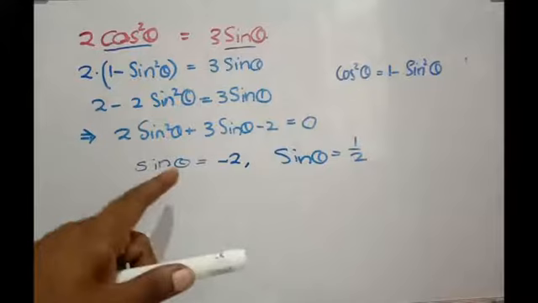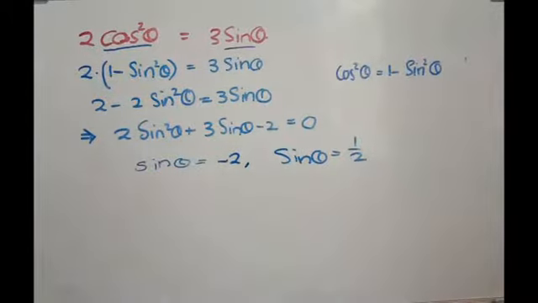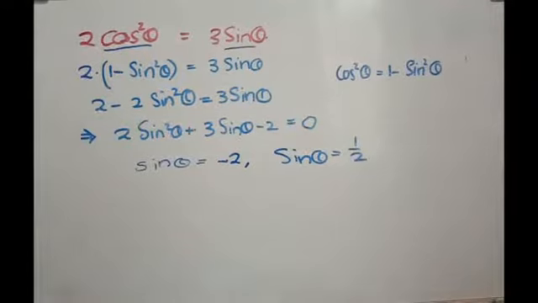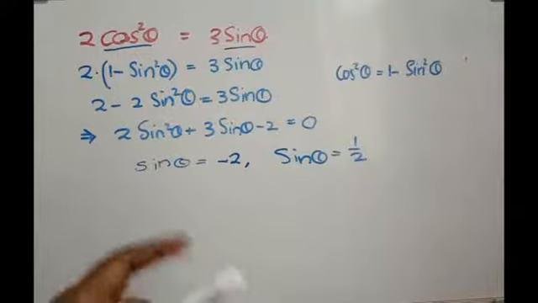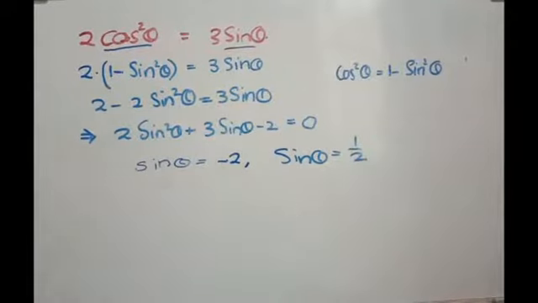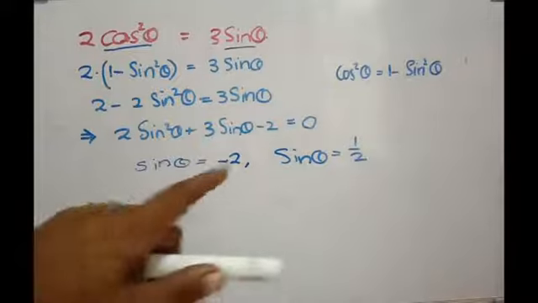But you know, sine theta equal to minus 2 is not valid. It's not defined because the maximum value of sine theta is 1 and the minimum value is minus 1. You know the range of sine theta is from minus 1 to plus 1, and this is below minus 1.